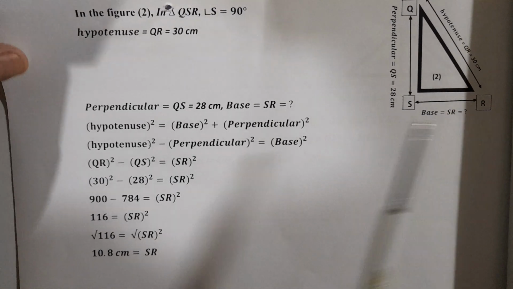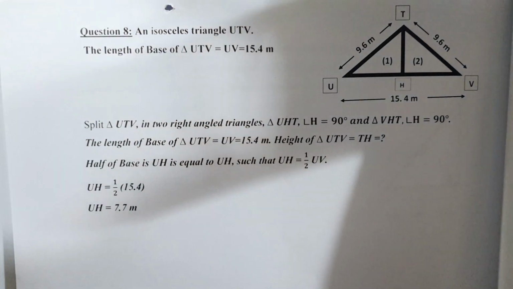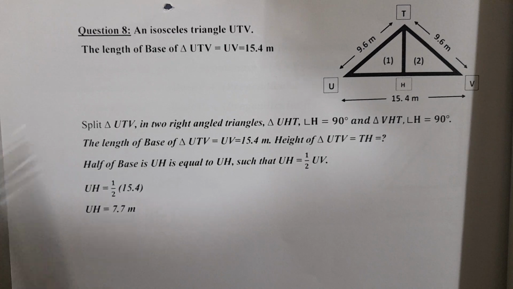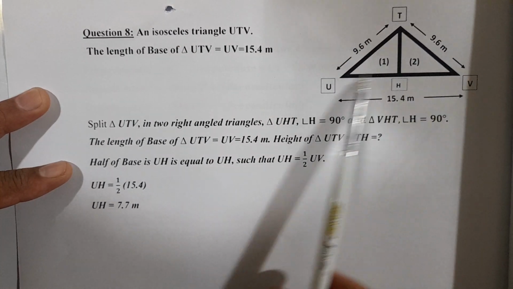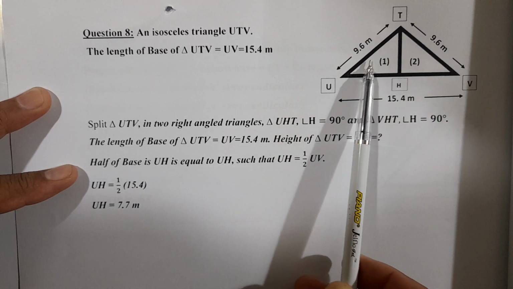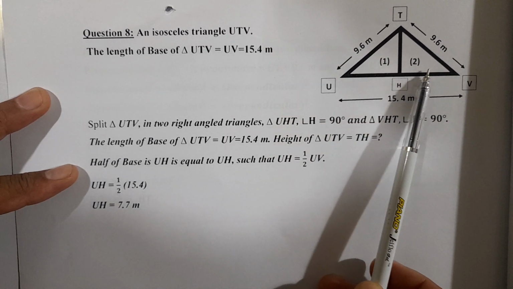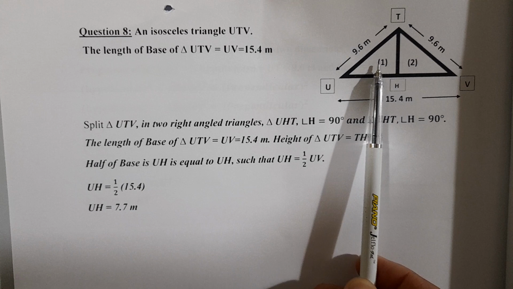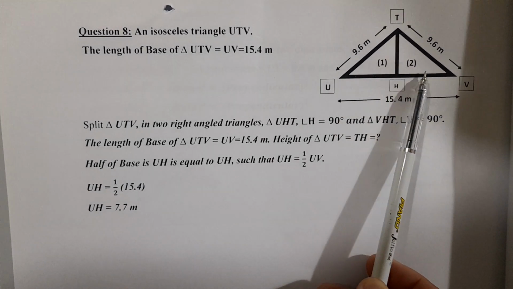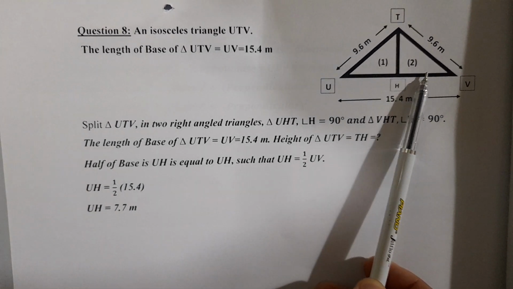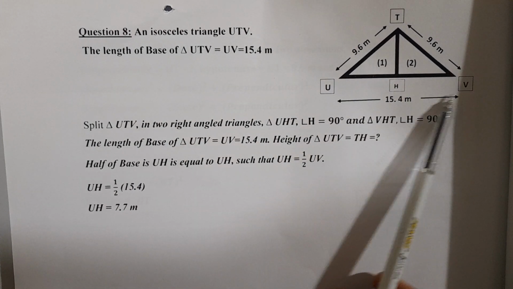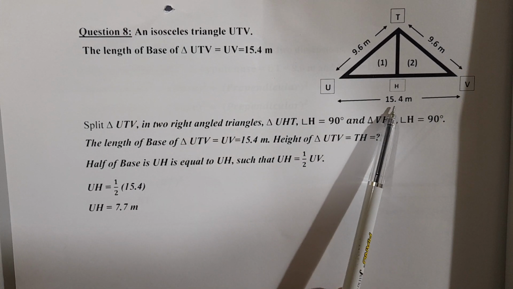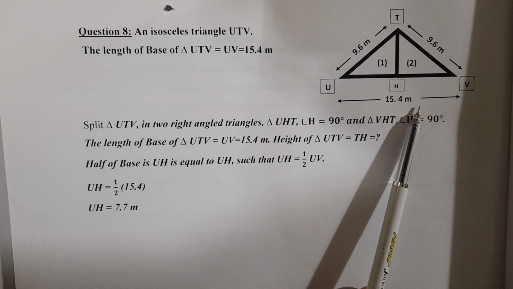Now, moving over to question number 8, the last question of this exercise, basic level. Isosceles triangle UTV is given to us. So, we will be subdividing this triangle into right angled triangles, triangle number 1 and triangle number 2. The length UV of the triangle UTV is 15.4 meters, which is given to us.